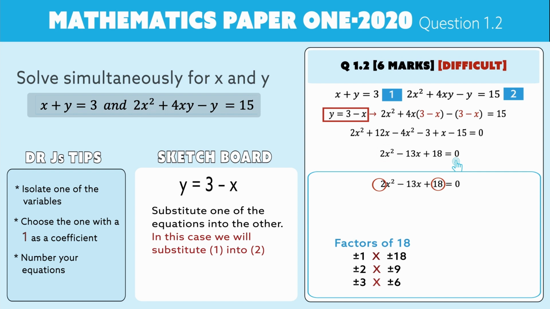So for 18, we really are spoiled for choice. But poor old 2, it is a prime number, so it only has 2 factors. Now I've got to look at the factors of 18 and 2. I must choose one of the 3 combinations that I have for the 18 in connection with the 2, so that I can write down my final factor pair.